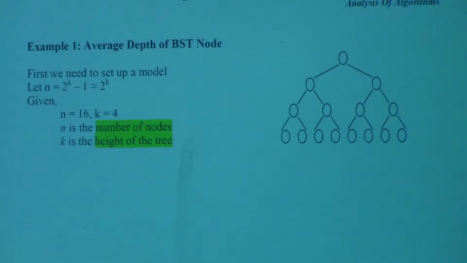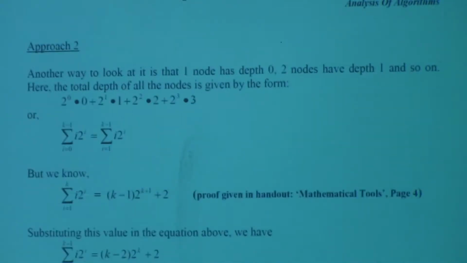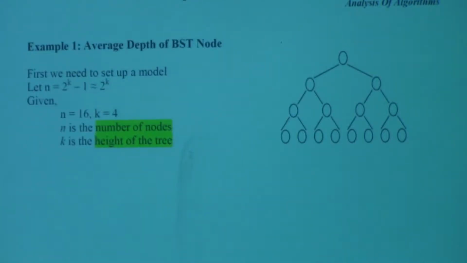Okay, so the second model simply says, you see, this is the depth, number of nodes. This is the depth, number of nodes. Depth, nodes, etc. So in general, since the height of the tree is k, which in this case is 4, this is going to be 1, 2, 3, 4.